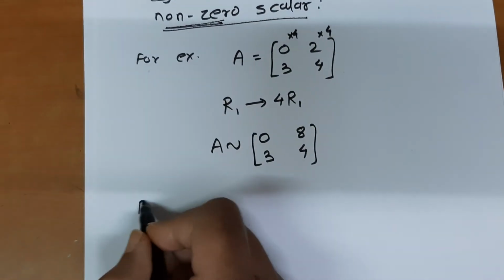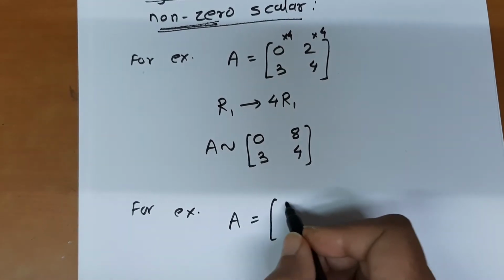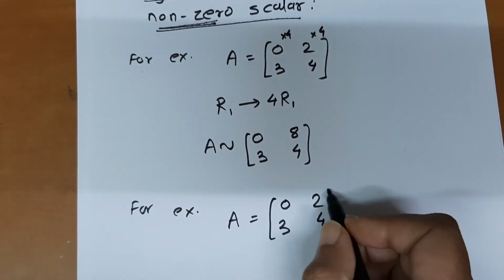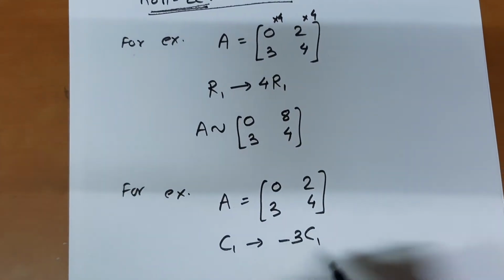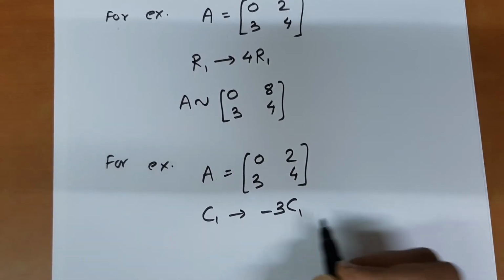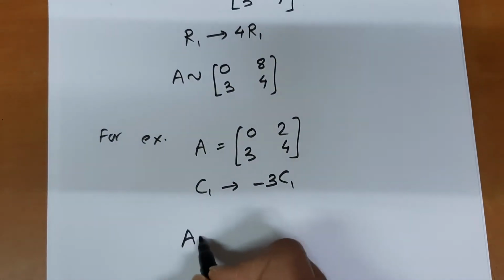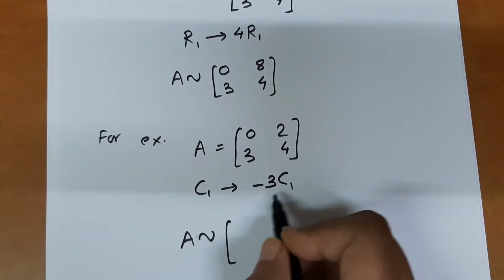For another example, take the same matrix, [0 2; 3 4], and suppose C1 is changed to minus 3 C1, that is, the first column is changed to minus 3 times the first column. This equivalent sign is used because we are applying a transformation.